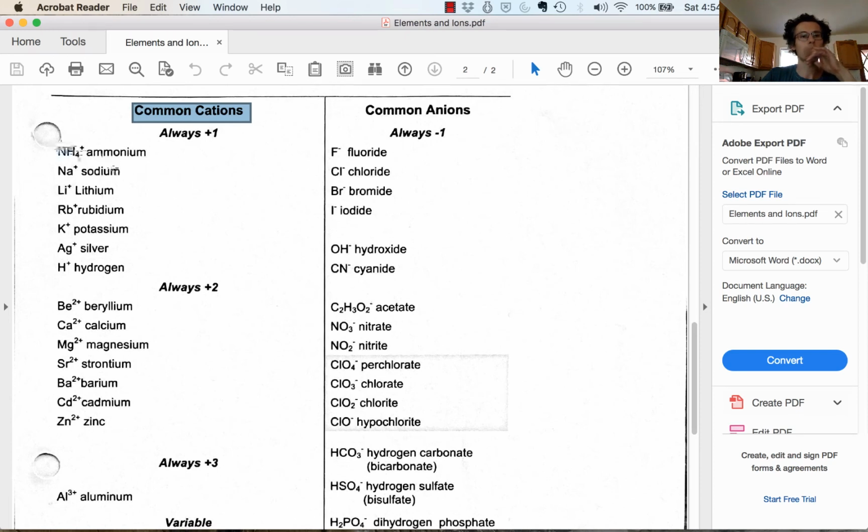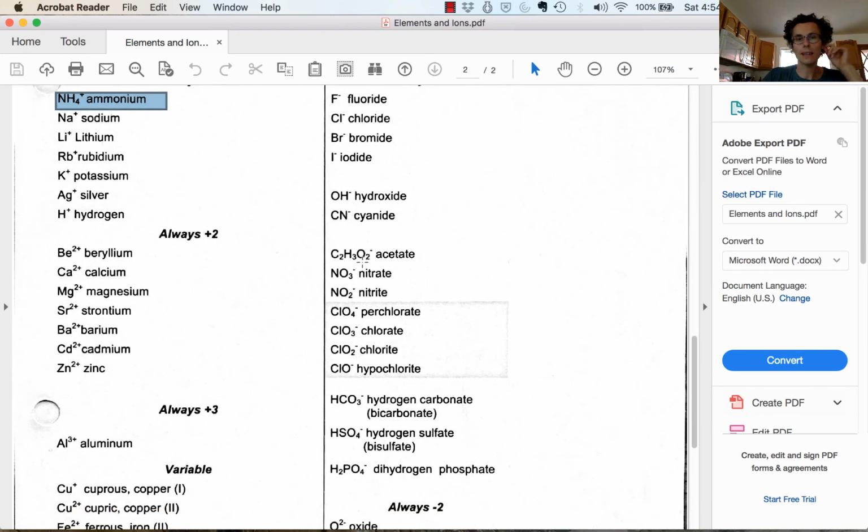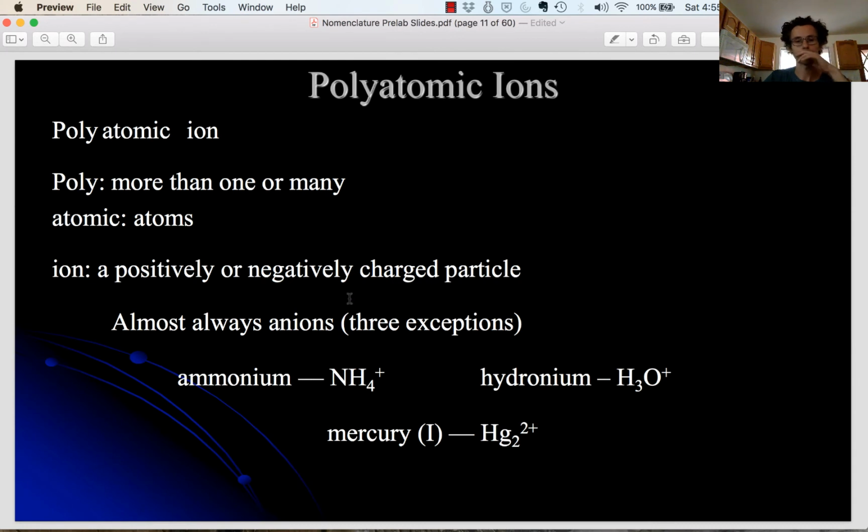They include the ammonium ion. Notice how it's a nitrogen and 4 hydrogens. That's a polyatomic ion. If you go down to things like acetate, nitrate, nitrite, those are all also polyatomic ions because they have more than one atom. So if it's charged and it has more than one atom, that's when you're dealing with polyatomic ions.